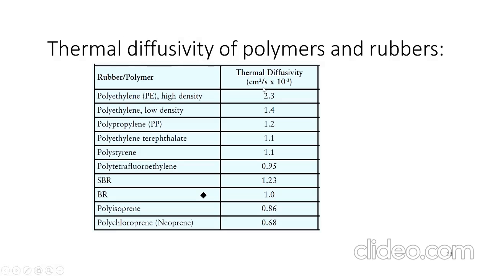And also the thermal diffusivity of material will also affect the detection. So the materials which have good diffusivity will give a better signal. However, the material which has less diffusivity won't give much signal.